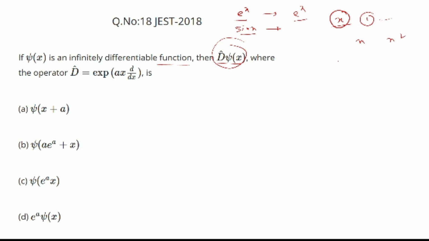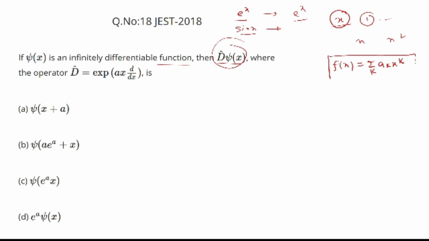The general form of an infinitely differentiable function is a polynomial of x, like f of x is the summation over k of a_k x to the power k.